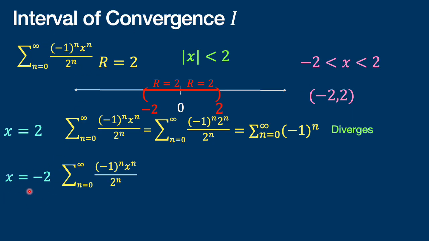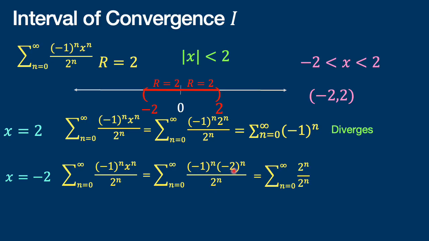For x equals negative 2, we plug in here. Negative 1 to the n times negative 2 to the n. That's the same power, so we put them together: negative 1 times negative 2 is 2. So we have 2 to the n over 2 to the n. That cancels out, and it's going to be 1.